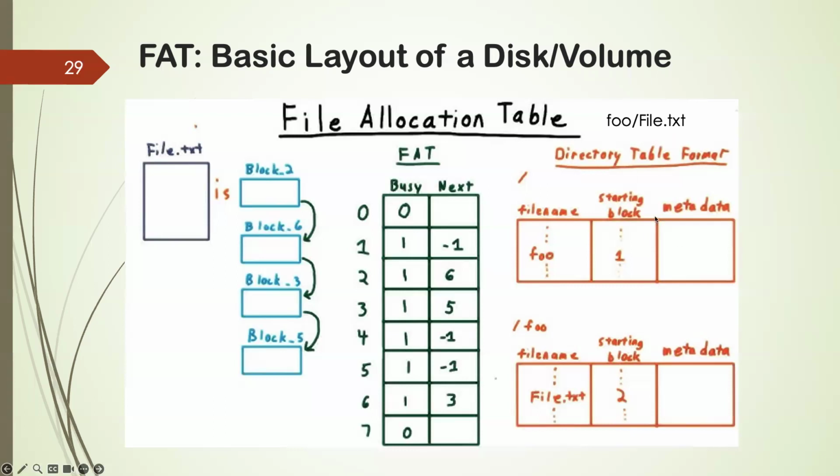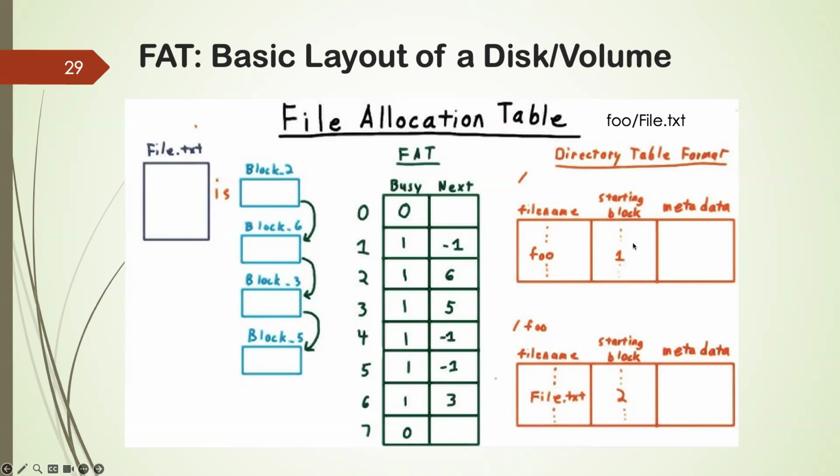So what is the directory table? The directory table is a table where each directory or each folder in your operating system or computer has one entry. What are the components of this? In the entries of the directory table, you will have the file name or directory name. For example, we want to store a folder foo, so it will have the directory name foo.